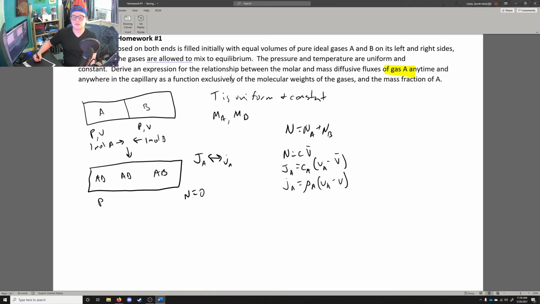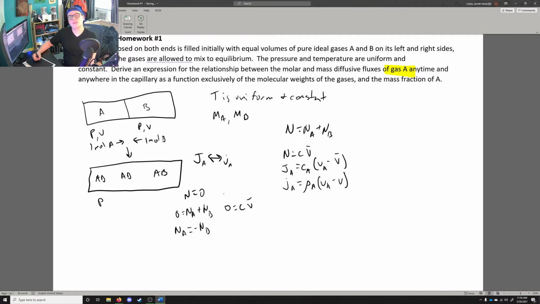This means that we can set both of these equations to 0. This tells us that the molar flux of A is equal to the negative molar flux of B. And we can also set this one equal to 0: the molar concentration times the molar average velocity.